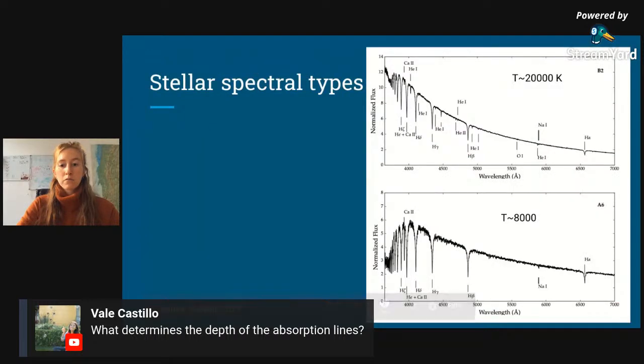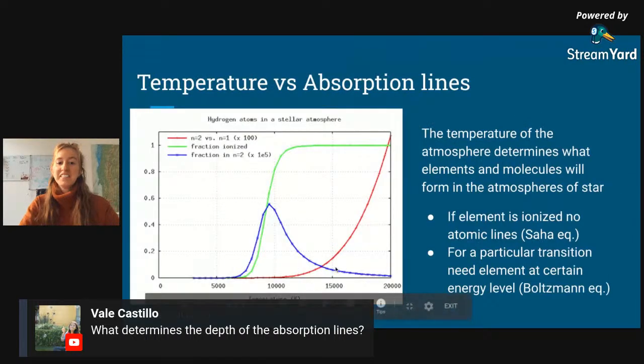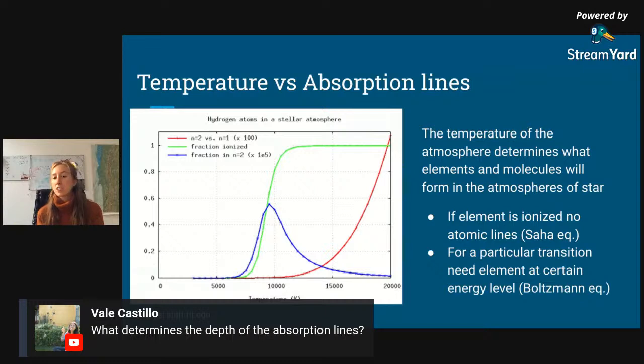And so the depth of the line is going to relate to how much of that element is in the particular energy state where it can have that transition.